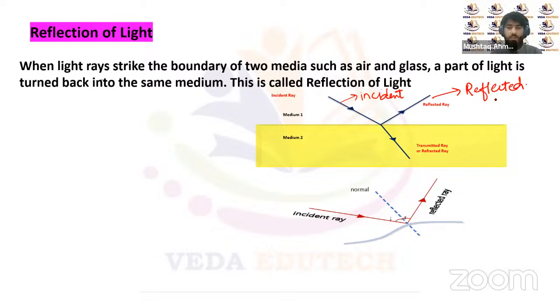Here you can also see a rigid irregular surface. The incident ray strikes the surface, bounces back, and is reflected into the same medium. So once again, this is reflection: the bouncing back of light upon moving from one medium to another at the interface.